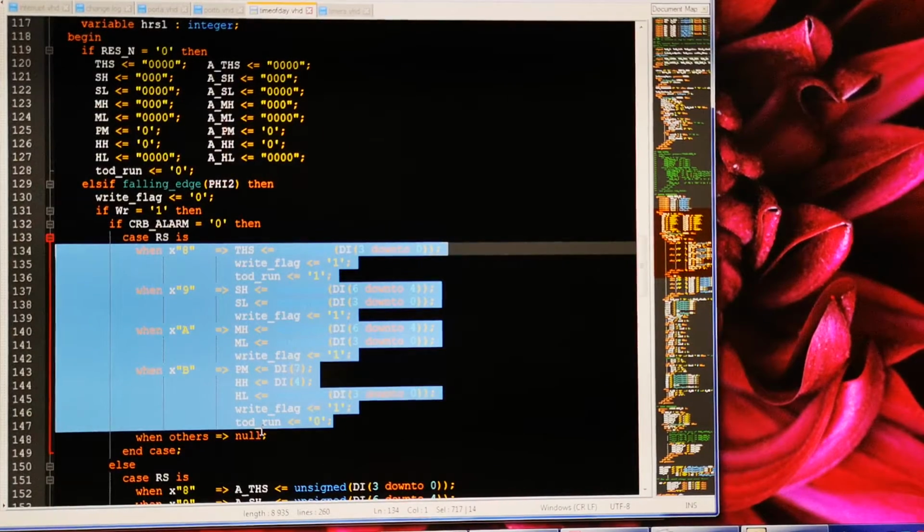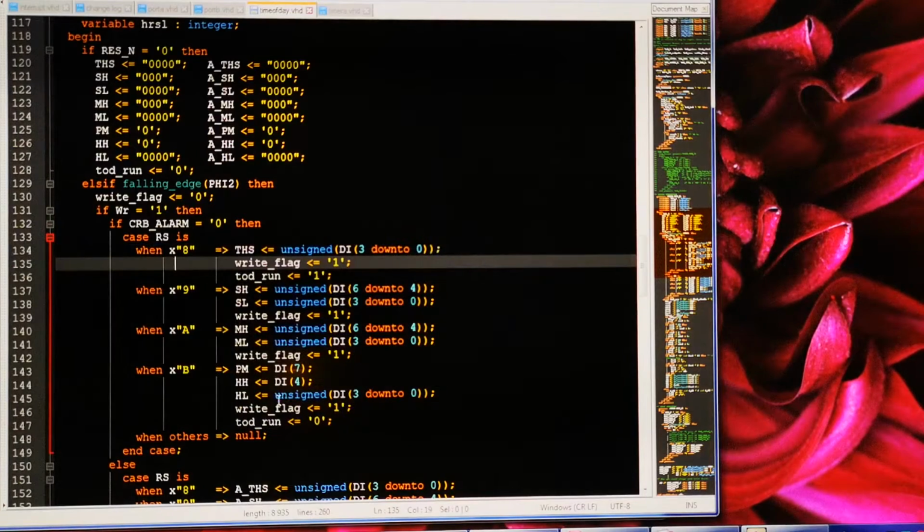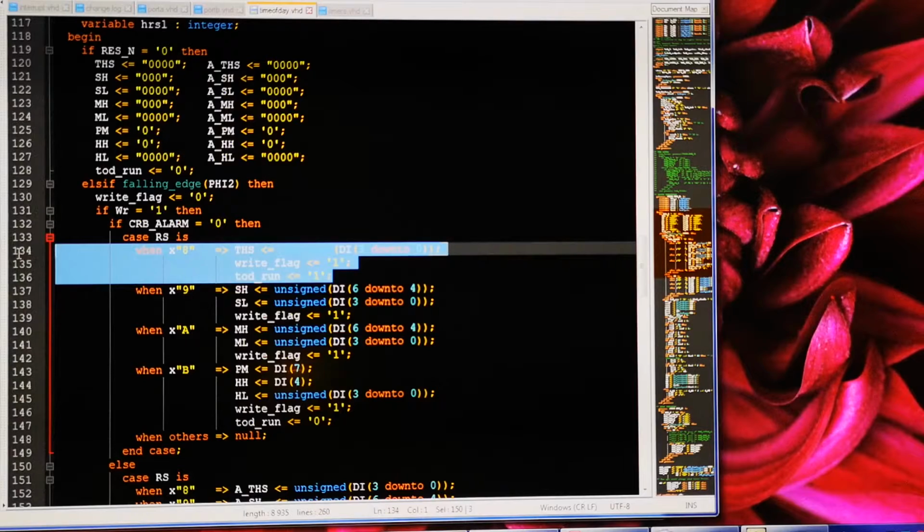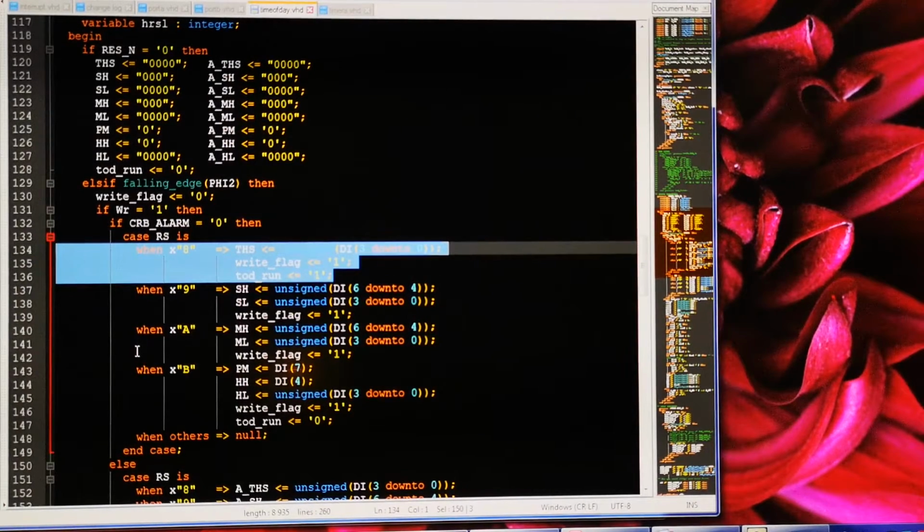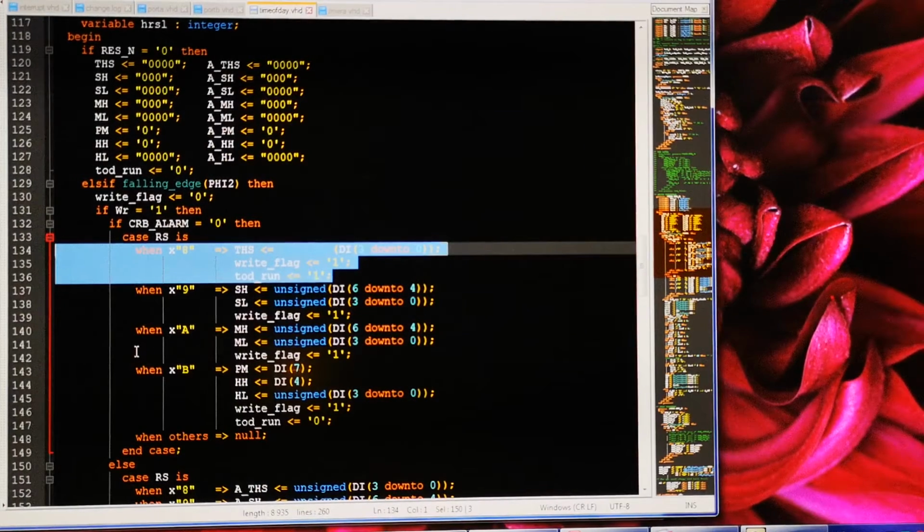However, what I want to do now is to have a latch that when you start writing hour, minute and seconds, those three are latched. They are not used, but they are latched. And then when you write tenths, all of those latches are then put into the timers at the same time as you write the last value. In that case, you don't have this rollover problem. I think maybe that's what I'm having.